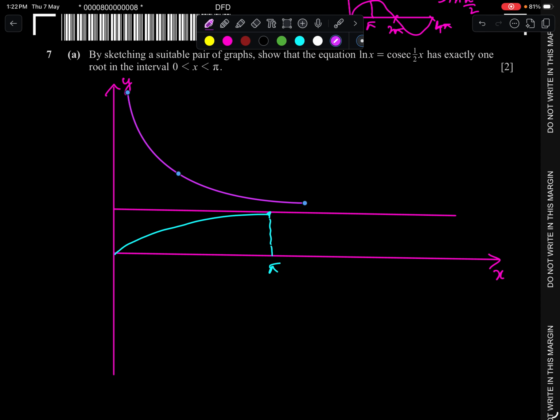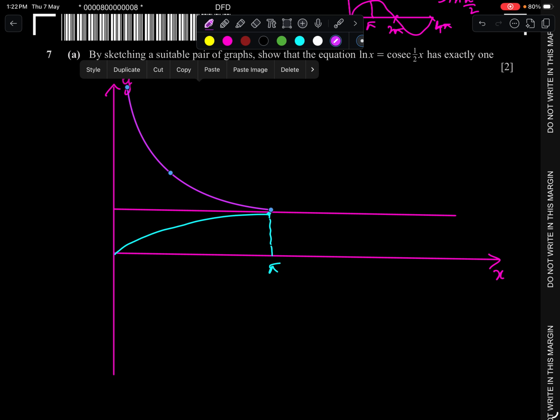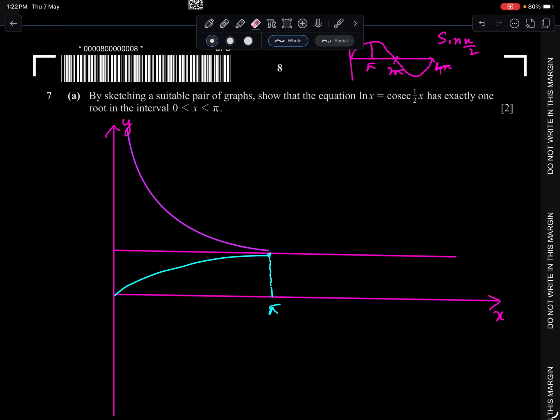Here is the cosec x, right? Cosec is vertical, parallel to the y-axis here. This is 0, this is 1.